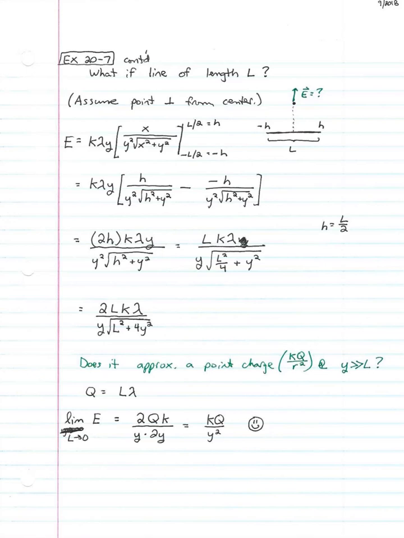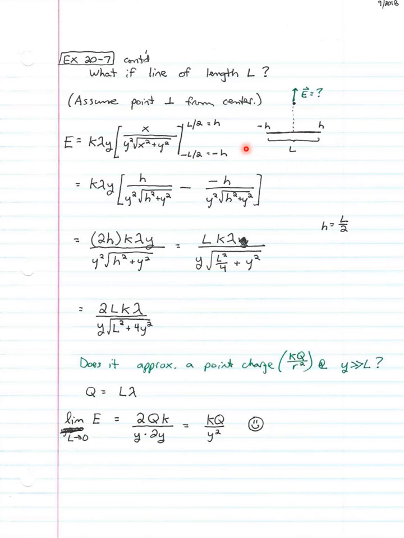Now, what if it is a line of length L? Instead of infinite length, let's assume that we're taking a point that's perpendicular from the center. So now instead of an infinite length, it just extends out negative h in one direction and h in the other direction.